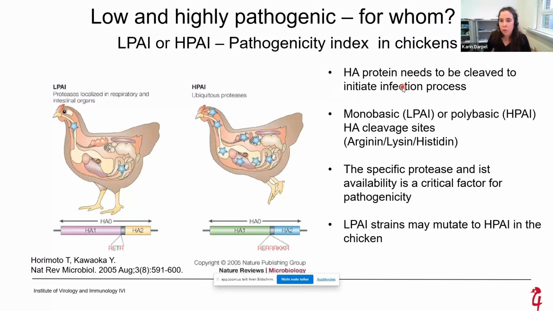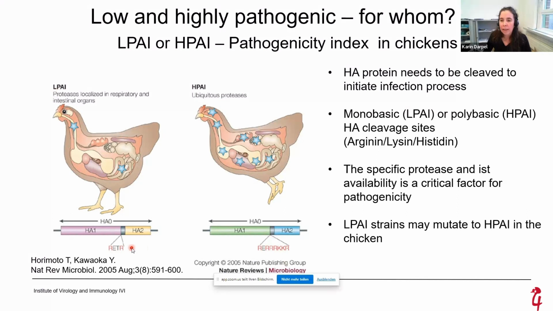The hemagglutinin, again, is the most important protein because this needs to be cleaved to initiate the infection process. And the cleavage site where this protein can be cleaved differs in low pathogenic avian influenza strains and highly pathogenic avian influenza strains.